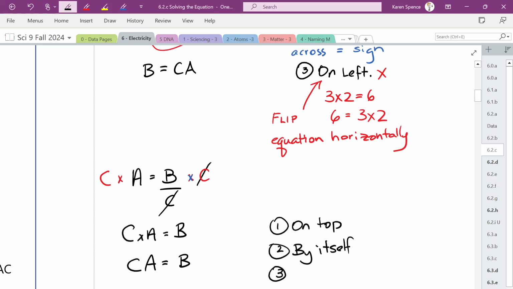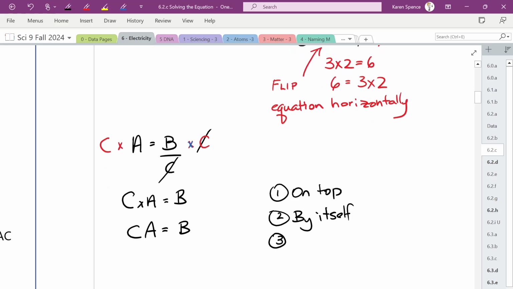And now it needs to go on the left. How do you make B go on the left? Flip it around. Flip it. B equals C times A.